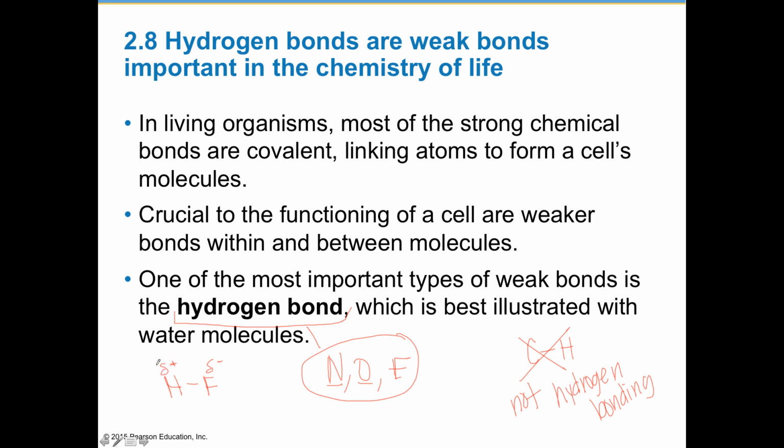This partial positive is what's essentially responsible for hydrogen bonding. We see hydrogen bonding a lot in biology. Now, I will tell you this, for a biology class, we almost never discuss fluorine. If you take chemistry, you will discuss hydrogen bonding with fluorine a lot. But for the sake of biology class, we really just study the nitrogen and oxygen when it comes to hydrogen bonding.